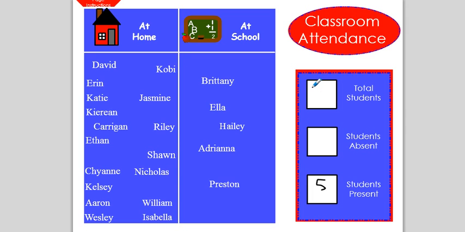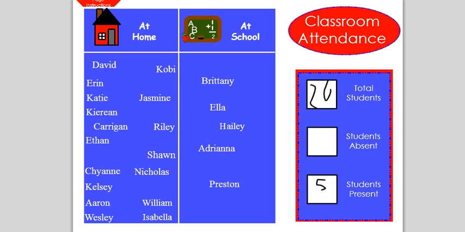So there are 20. That way kids can see which of their friends are at home and which of their friends came to school that day.